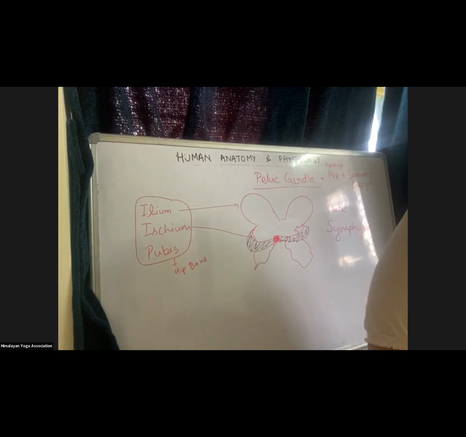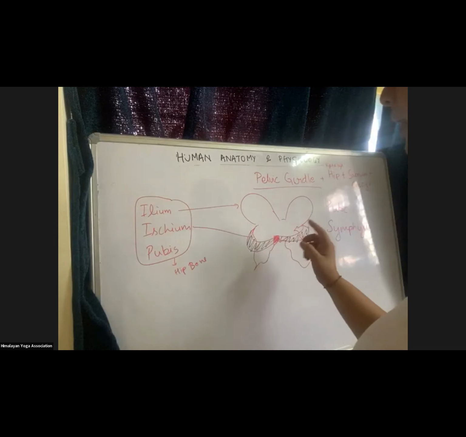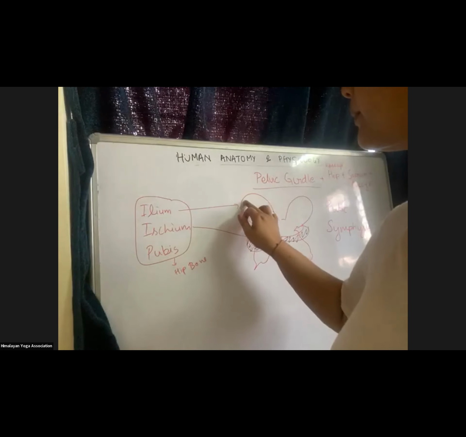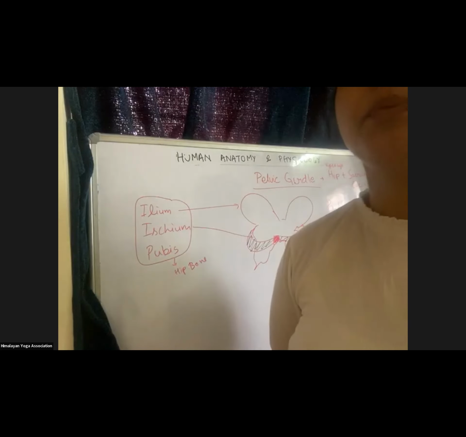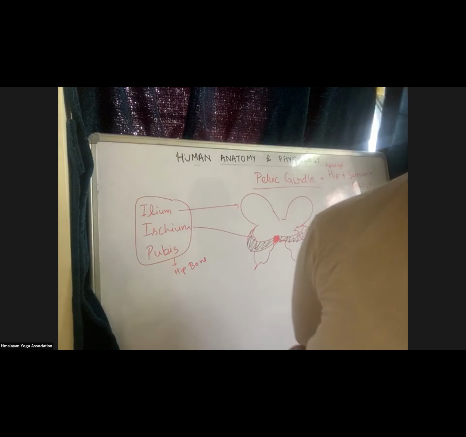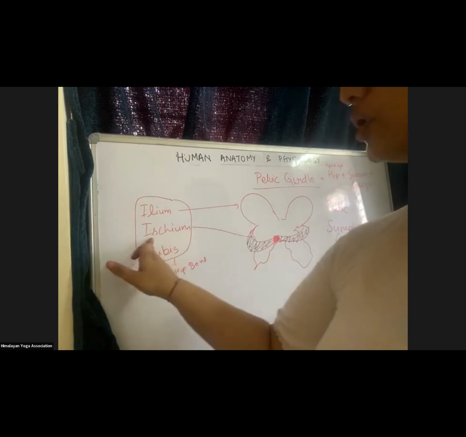No doubts. Okay, so you're clear about this pubic joint. You can actually feel this iliac crest. You touch these love handles, and the bones that you feel there, that's the ilium. And when you sit on a chair, the bone in your hip region that is trying to touch the chair is called the ischium.